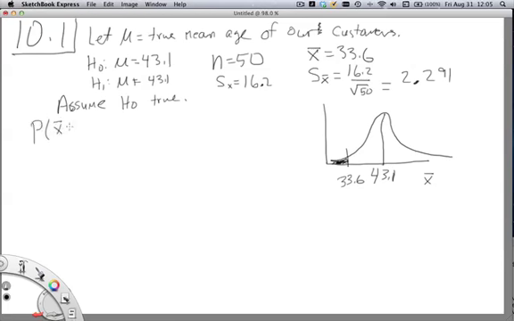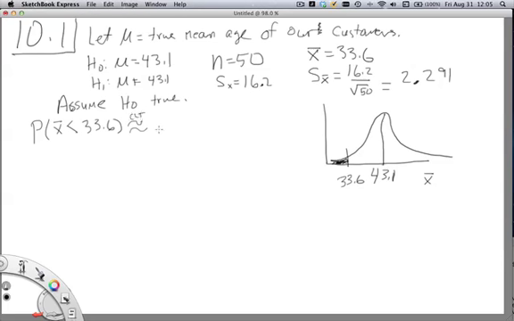What's the chance that we would draw a sample giving us a test statistic X bar less than 33.6? So again, that's that area right there. Not quite sure about the distribution of age, but that's okay. I've got the central limit theorem.